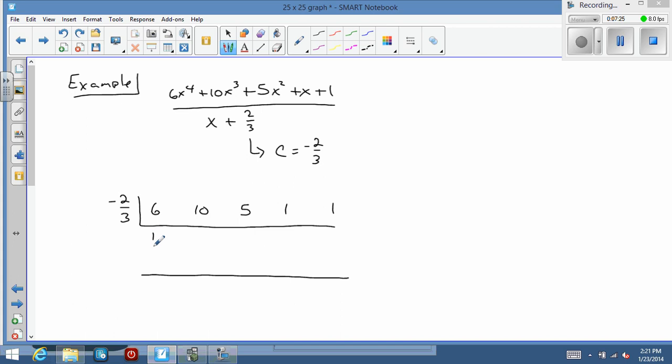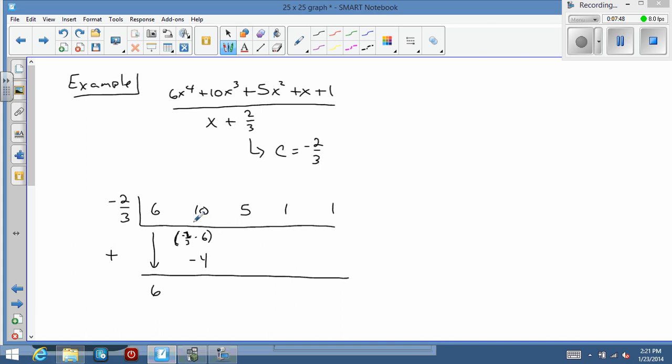Just like we did before, we're going to bring this 6 straight down, and then multiply negative 2/3 times 6. Use your calculator if you need to. Negative 2/3 times 6 is negative 4.